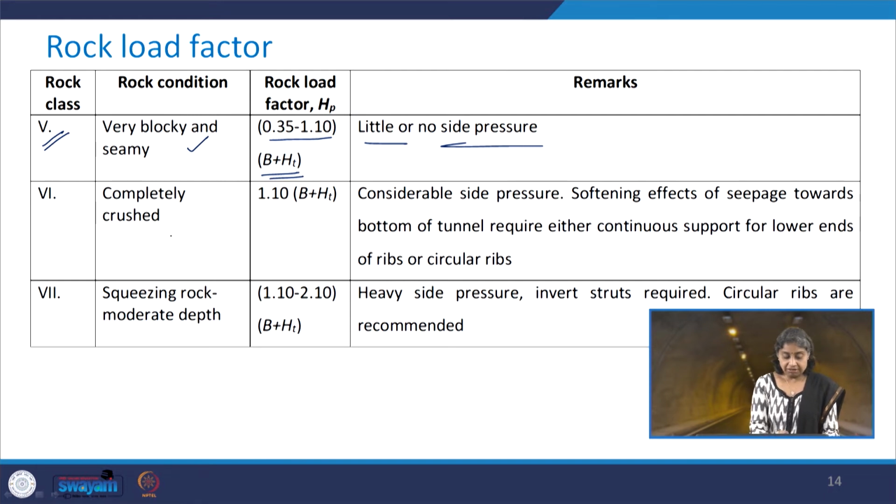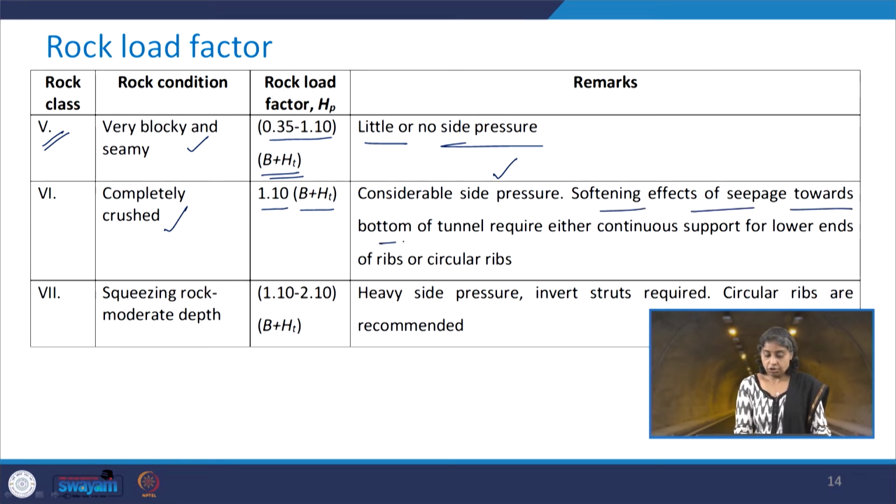Then when there is completely crushed rock condition, it is 1.1 times B plus HT. In this case, considerable side pressure will occur, and the softening effects of seepage towards the bottom of the tunnel require either continuous support for the lower end of ribs or circular ribs.